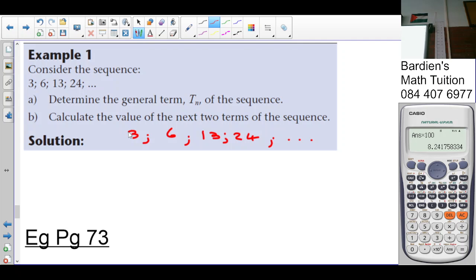Determine the general term of the sequence. So before I do the general term, I'm going to answer B first. It says calculate the value of the next two terms of the sequence. So what I want you guys to do is to write that down and work out the next two terms of that sequence. Can you do that?